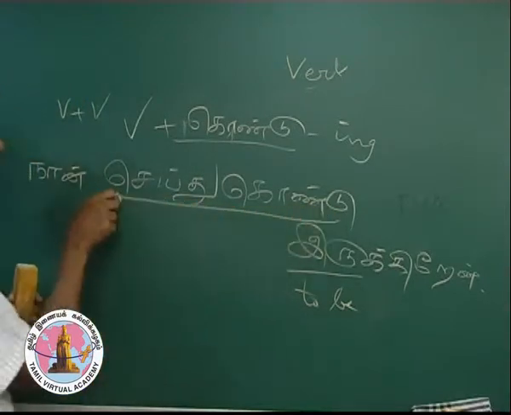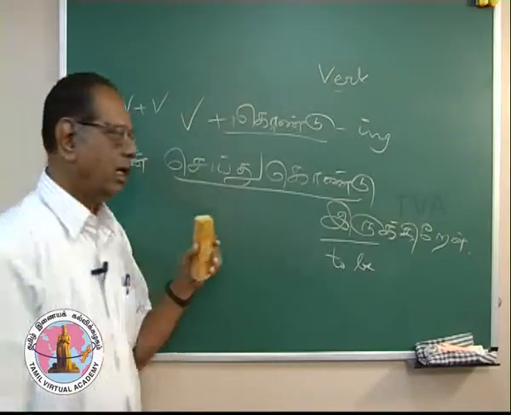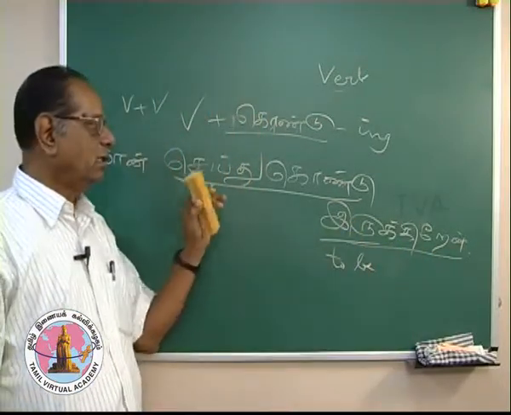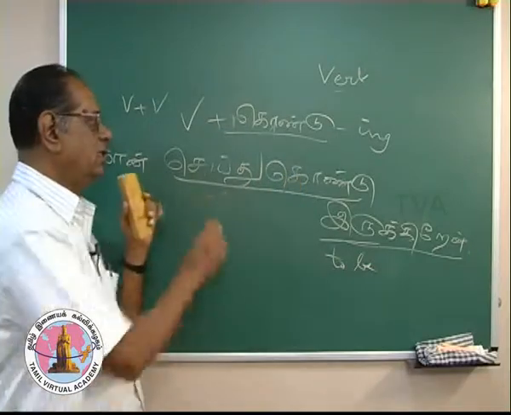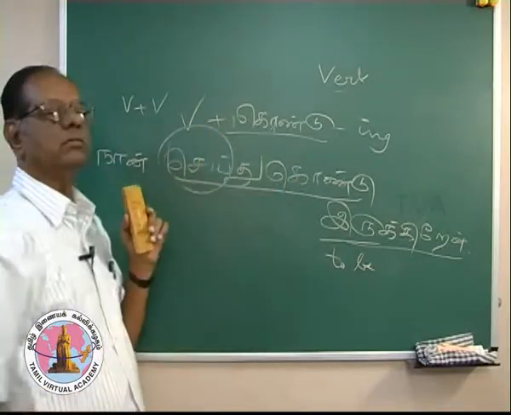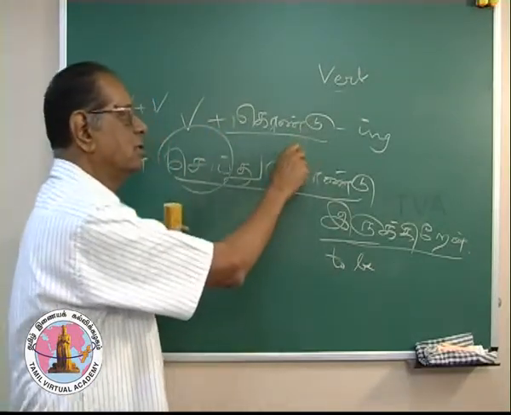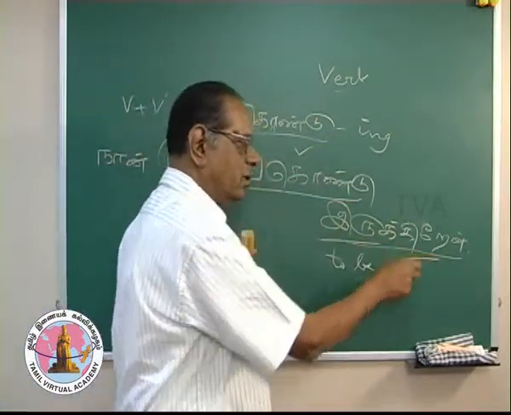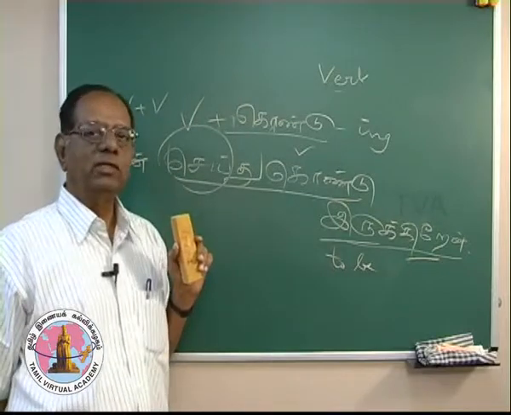Iru again has the same basis. This is one verb and the other is this. This denotes the action and the continuous sense. This denotes the tense. What is the tense?